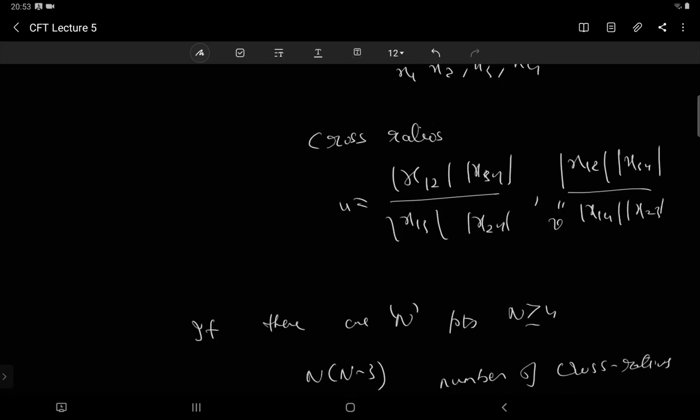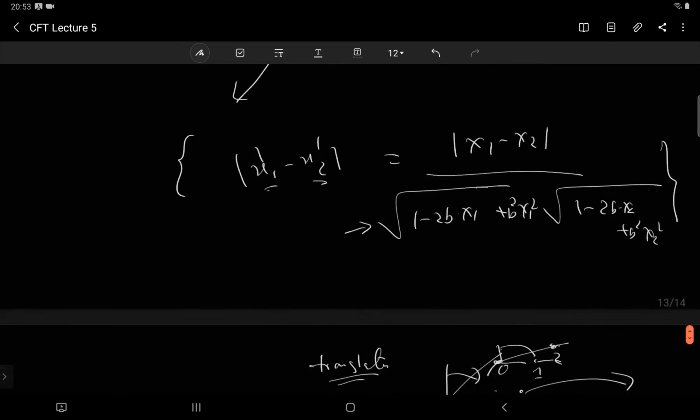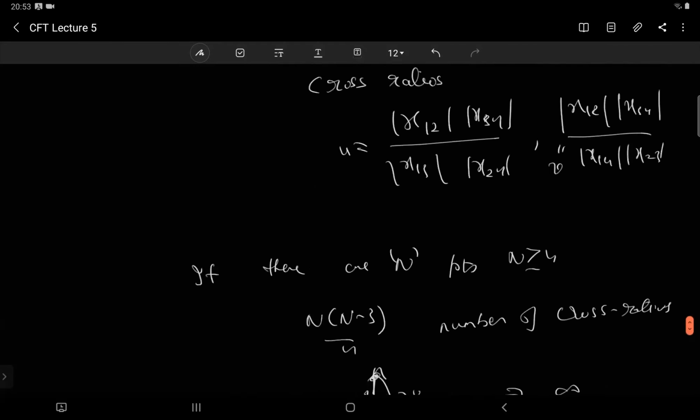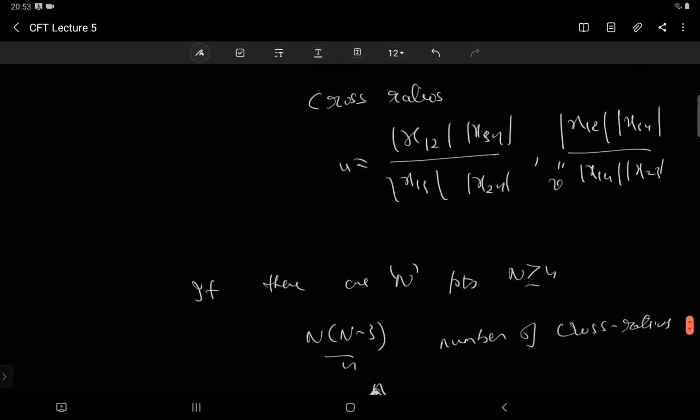That is because under special conformal transformation, the length between two points transforms like this. You see, the denominator has two factors, one identical factor for x1 and one for x2. Now in the numerator you have x1 x2 times x3 x4, so you get this factor in the denominator from x1 x2 and also from x3 x4.